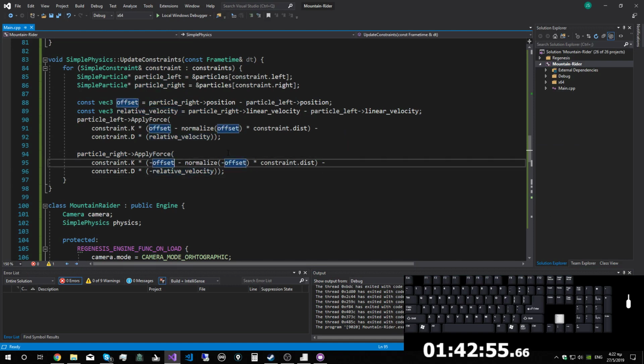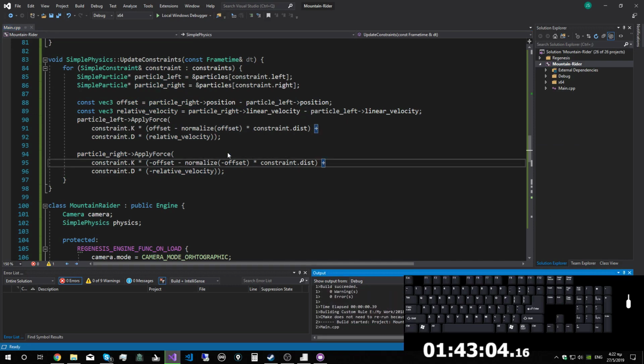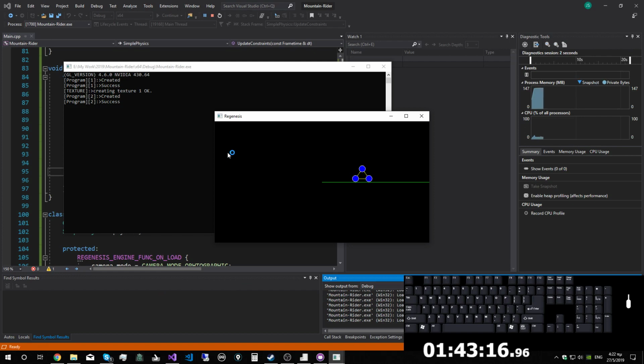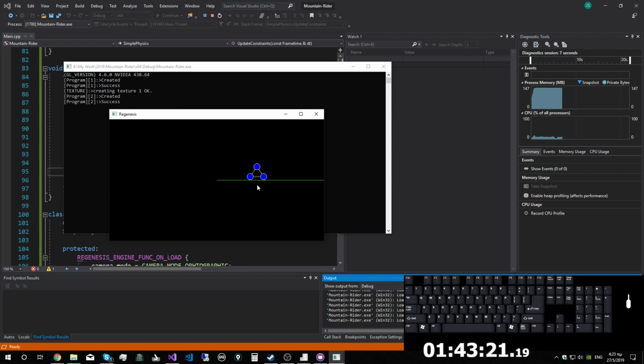No, not that. We need to add this thing. Yeah, there it is. Much more stable than before.